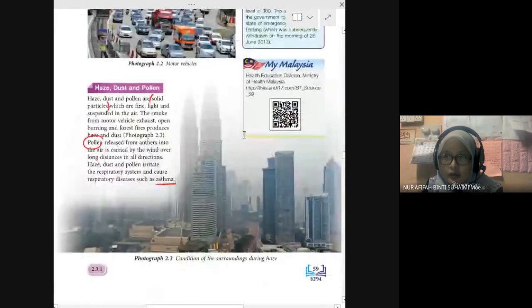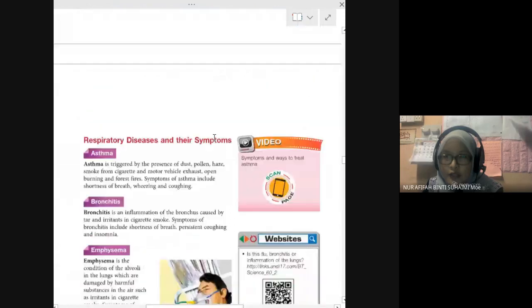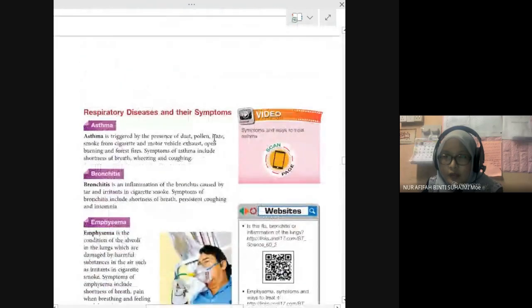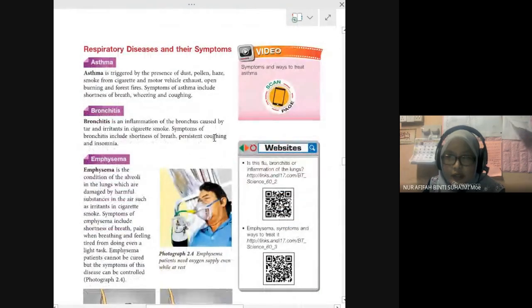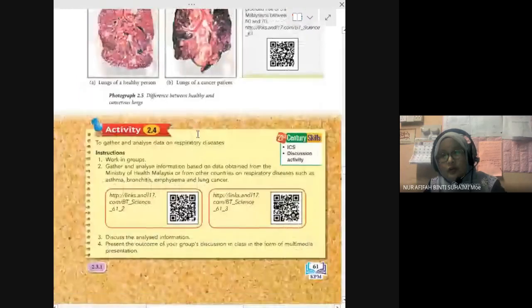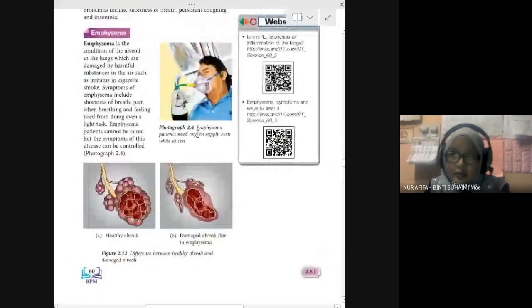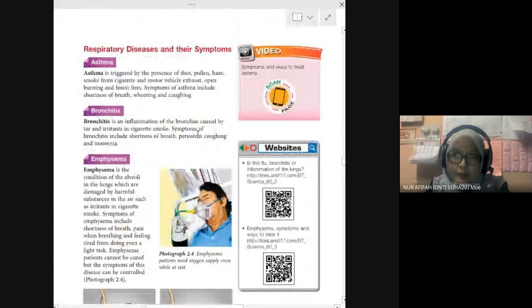Okay, all these harmful substances will lead to some disease, will lead to respiratory disease. So now you will learn the respiratory diseases caused by the harmful substances and what their symptoms are. We have four respiratory diseases here. Number 1 is asthma.